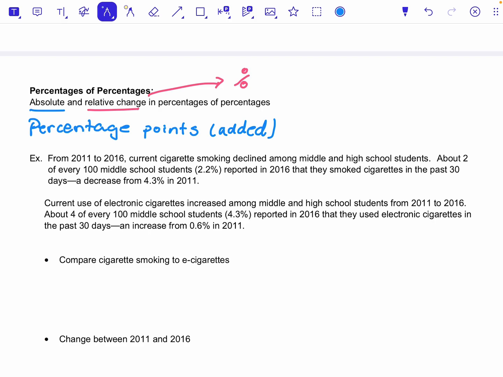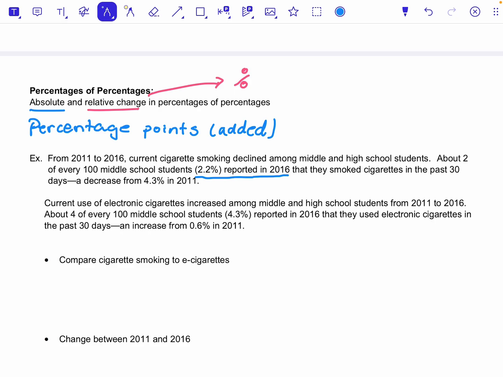So we're going to look at an example here. We have two sets of data, and we're going to compare them two different ways, finding some absolute and relative differences. From 2011 to 2016, current cigarette smoking declined among middle and high school students. Woohoo! About 2 of every 100 middle school students, or 2.2%, reported in 2016 that they smoked cigarettes in the past 30 days.